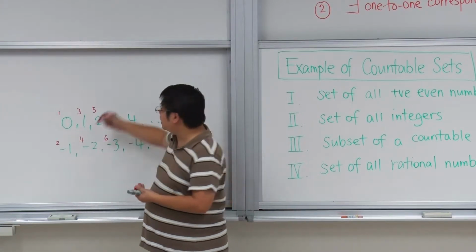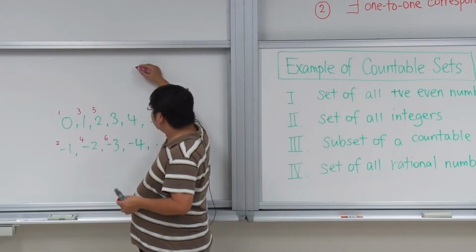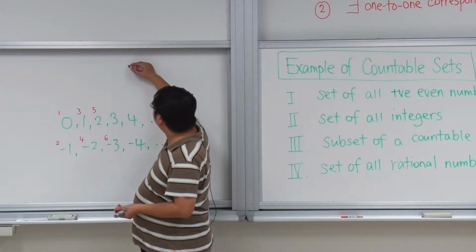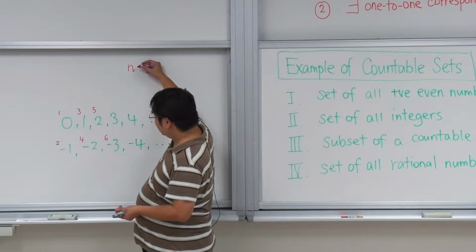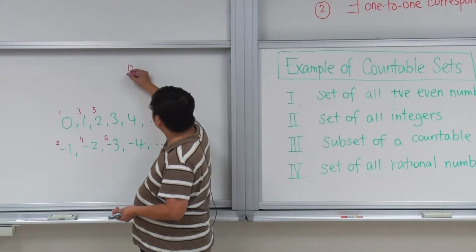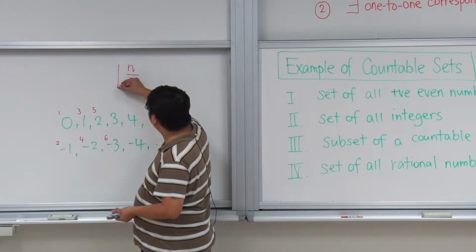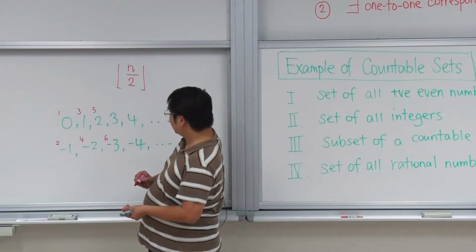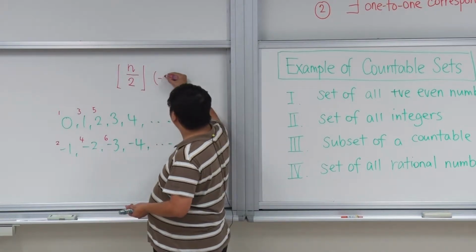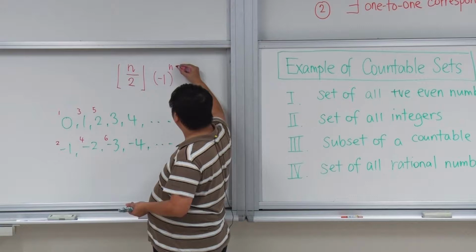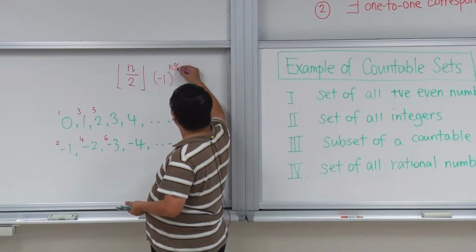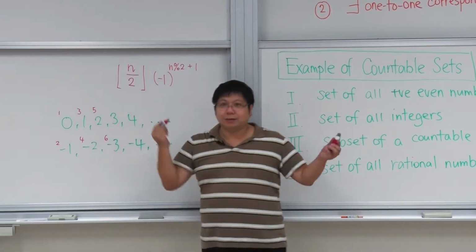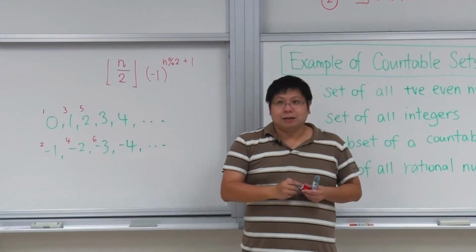If you really want to list it out, you take the number n, subtract 1 if it is odd, divide it by 2, take the floor, and then multiply by -1 to the power of n modulo 2, something like this. Whatever. You can still list out.